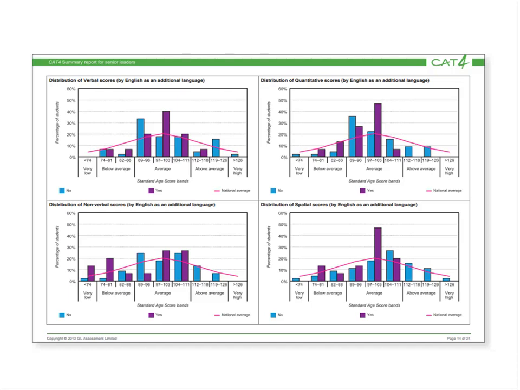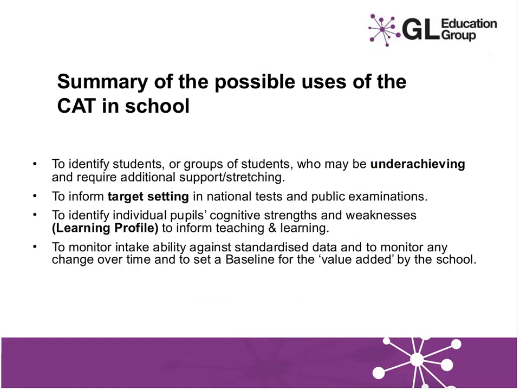So in summary, the possible uses of CAT in school, there are a number of different ways. As I visit schools, as I have visited schools in the past as well, there are so many different uses of CAT, and it does tend to be used in lots of different ways, to lots of different degrees.